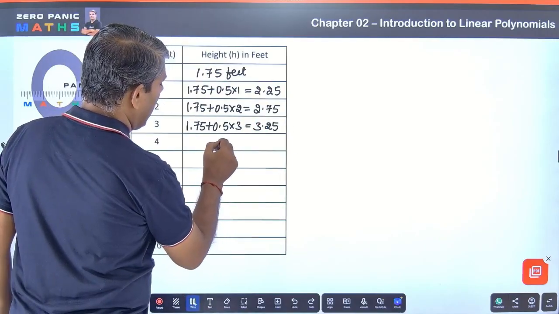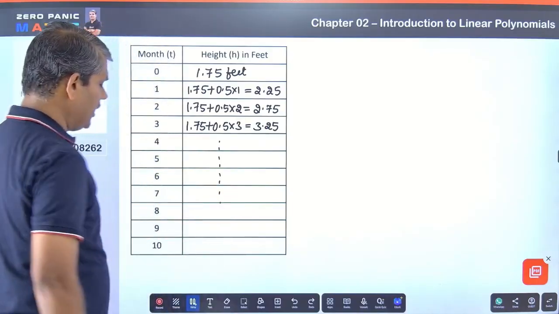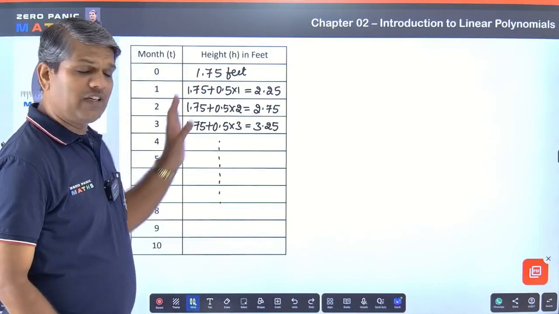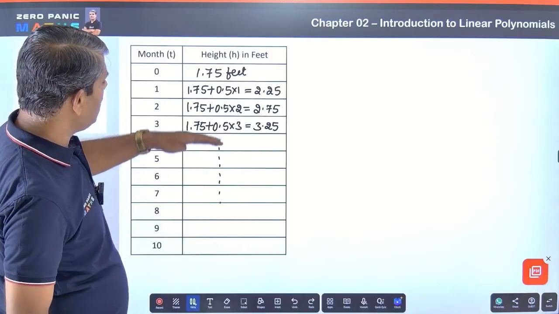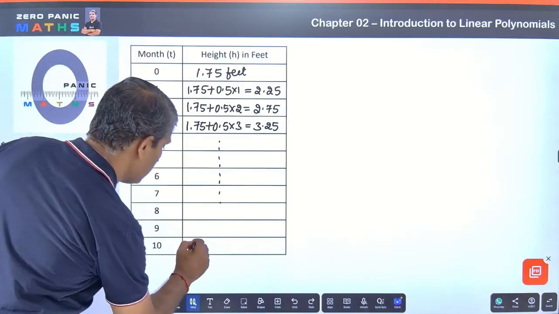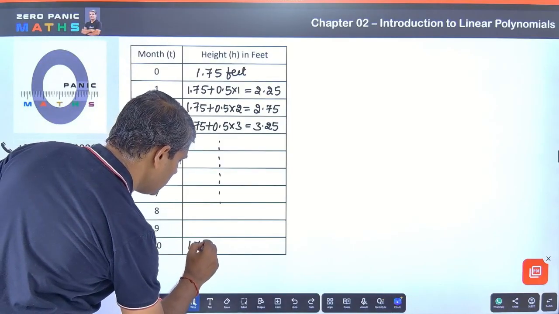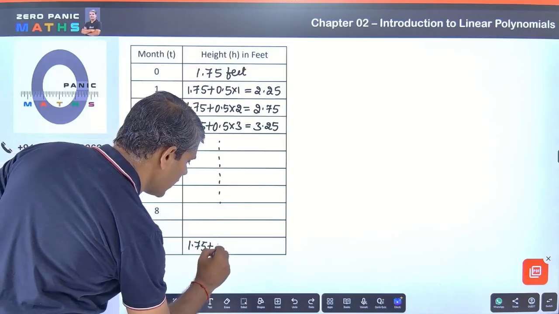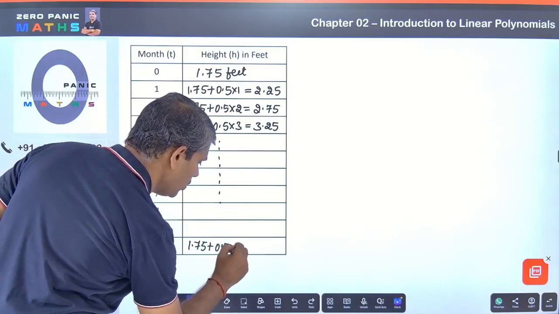Now I expect you to fill in all these tables. I've given a table here. You can just go on doing the same calculation, and finally when we come to the 10th month, it will be 1.75 plus 0.5 into 10.